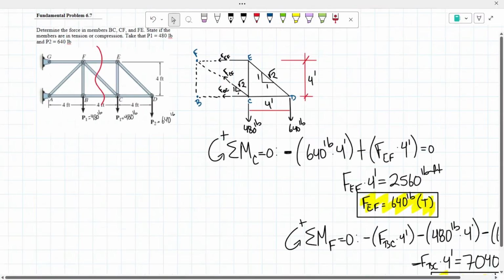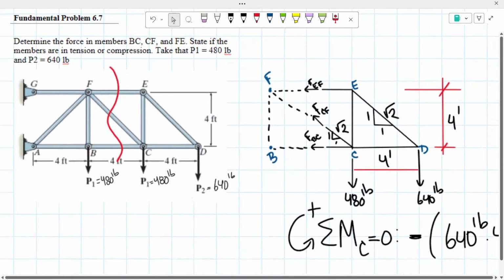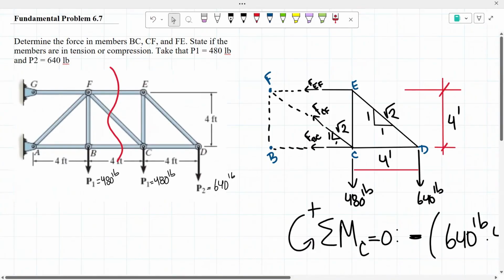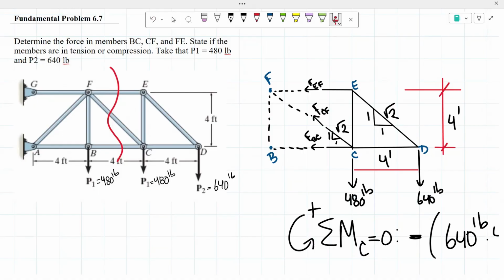So once again, the first step that I took to determine the forces in these members is first you want to cut the truss in a way that it crosses all the bars or all the members that are being asked to identify their forces. So that's why I cut it down right in the middle in this example, because it goes through all of those 3 members.